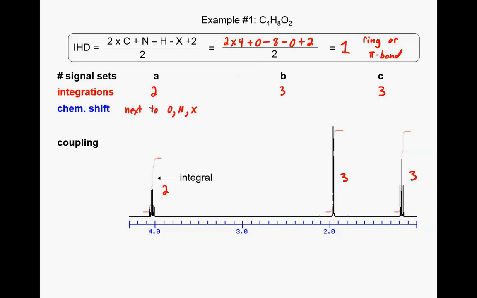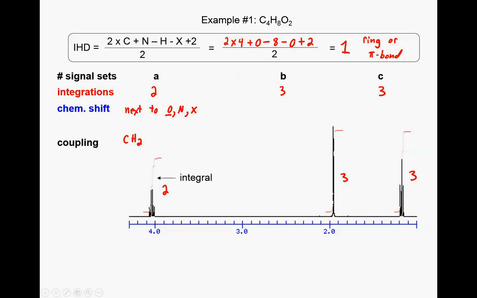So we can assume it's near something that is pulling electron density away and deshielding it. What do you think is next to it, oxygen, nitrogen, or halogen? Well, there's nothing but oxygens. So we're most likely looking at a CH2, because it integrates to 2.